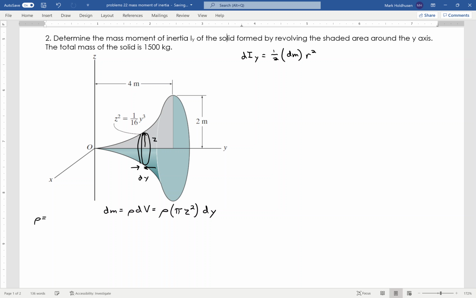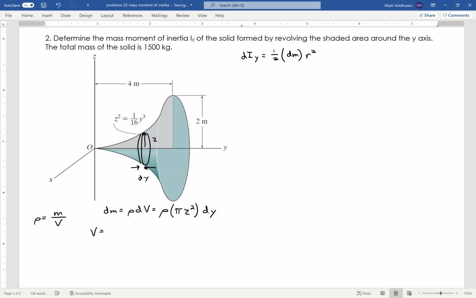You'll remember that density is mass divided by volume. So if I can find the volume, then I know the mass. If I find the volume, I can find rho. So let's figure out what the volume would be.